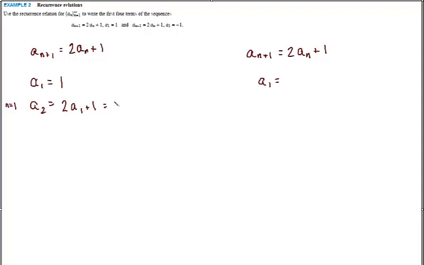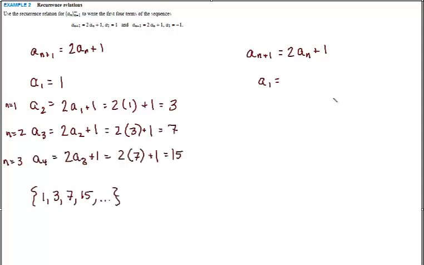And a sub 1 is 1, so this would be 2 times 1 plus 1, and this answer would then be 3. A sub 3 happens when n equals 2, so I would get 2 a sub 2 plus 1. This would be 2 times whatever a sub 2 is, and that's 3 plus 1, and this would be 7.